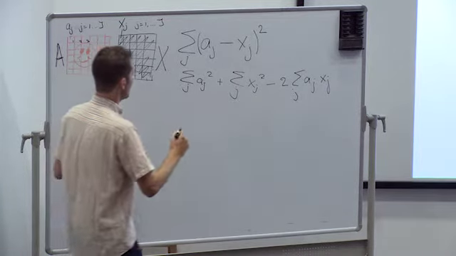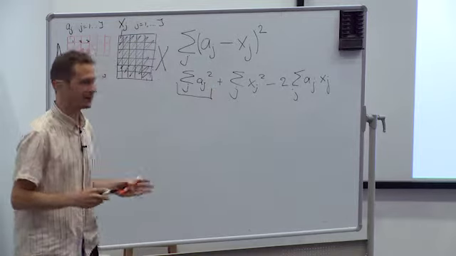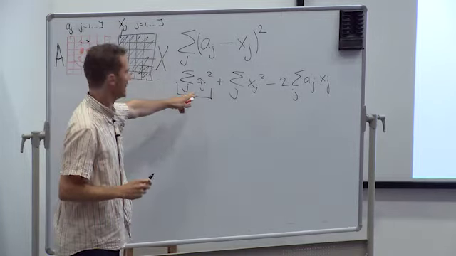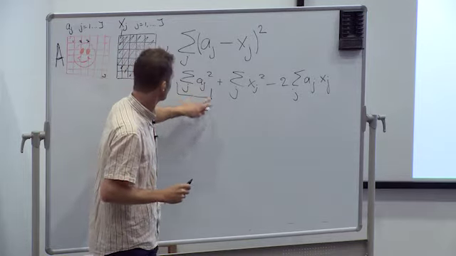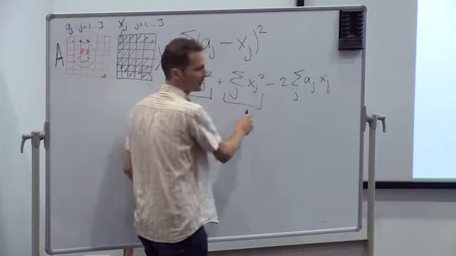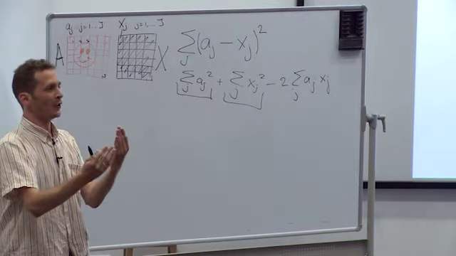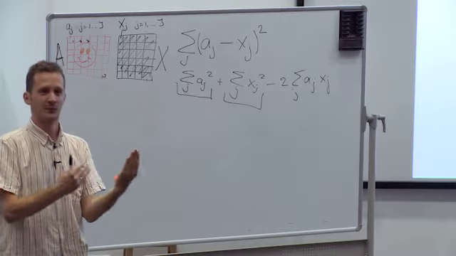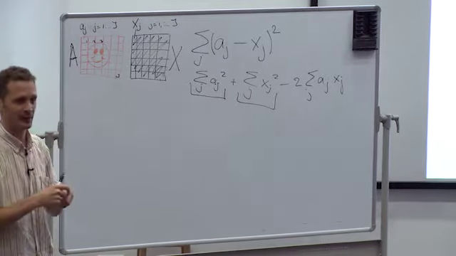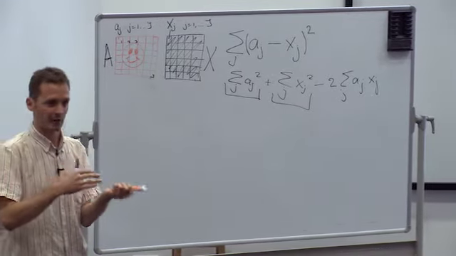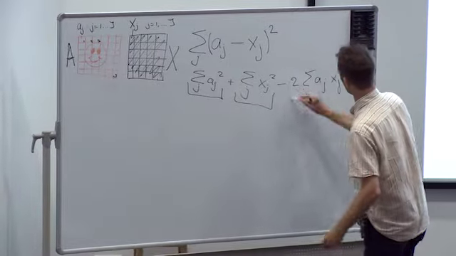And what we have here is a term that only depends on image A. This is a summation over all the pixels in image A of the power of the pixels, and the same for X. Now these two terms do not depend at all on how much image A resembles image X. The only thing in this equation that depends on how much A is similar to X is this term, and this is called the cross product.